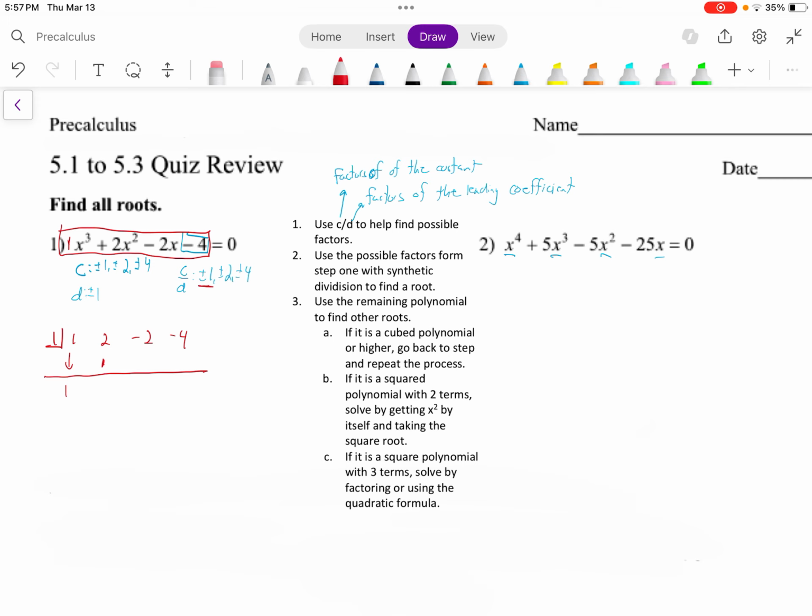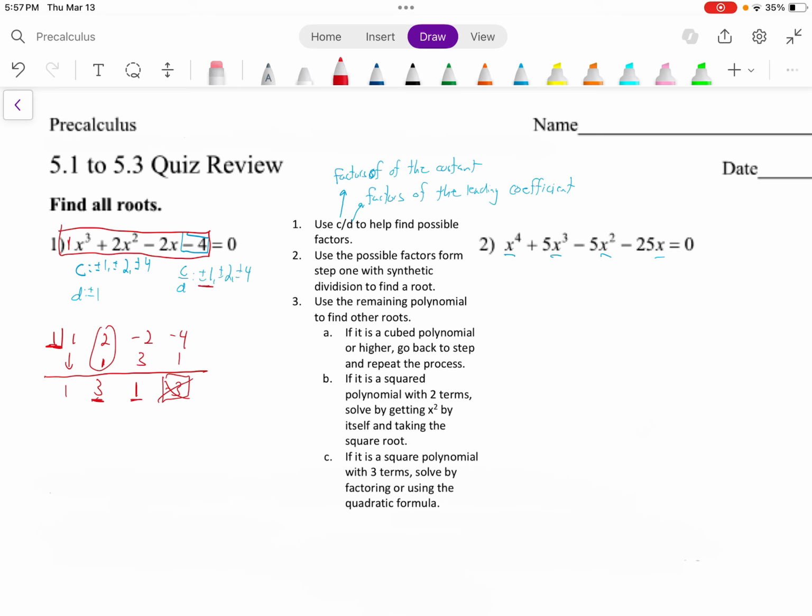Then we add, 2 plus 1 is 3. And then we multiply, 1 times 3 is 3. We add, and we get 1. And then we have 1 times 1 is 1. -4 plus 1 is -3. We are looking to get a 0 here. That's not 0. So 1 is not one of our roots.